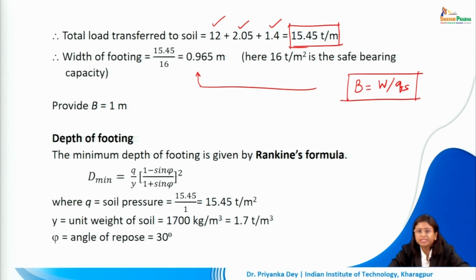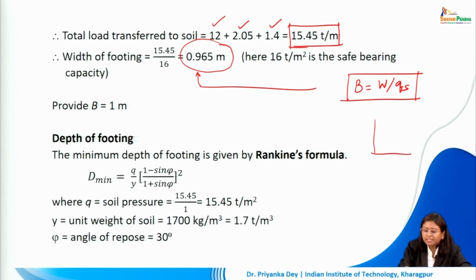We've already calculated that, 15.45 ton per meter, and that divided by the safe bearing capacity of the soil, which has also been given to us in our question. That was 16 ton per meter square. So with that we are able to come up with a width. Okay, so that's 0.965, very close to 1 meter of width that we require for the footing.